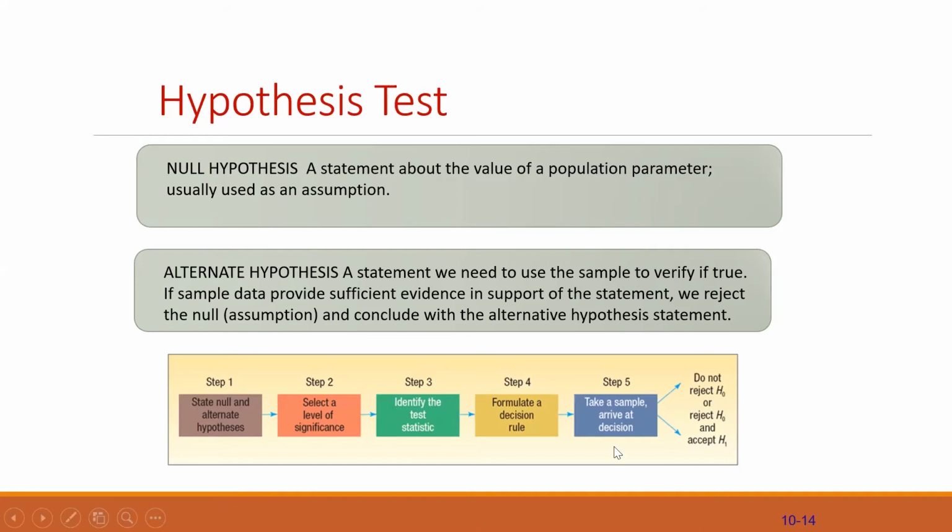Then in the last step, we have a sample, we go through the steps, and we make a decision whether we have enough evidence in support of the alternative or not. Okay? And the decision is basically either reject the null, say the alternative is supported, or do not reject the null hypothesis and say the alternative is not supported.